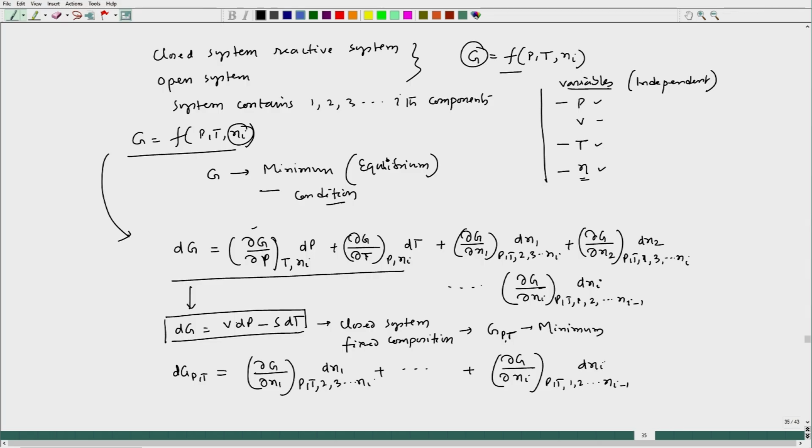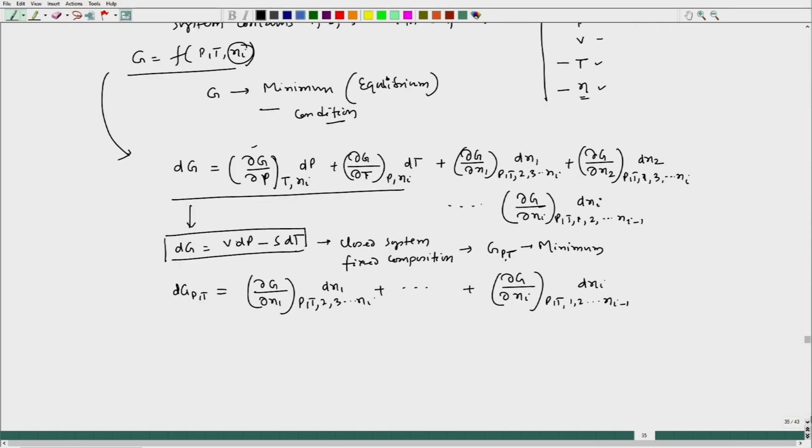And interestingly, this one is defined as mu i or G i partial.